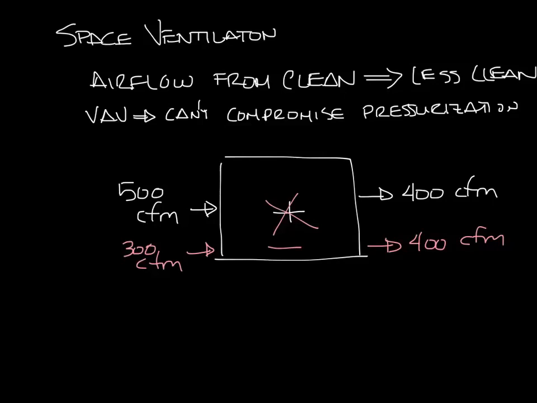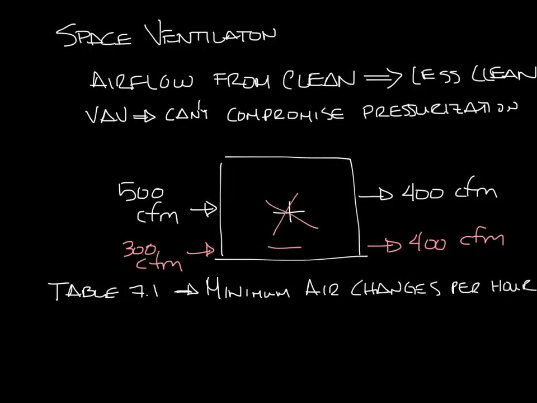Table 7.1 shows the minimum air changes per hour required for a given space based on the type of space it is. For instance, in an operating room, you need 4 outdoor air changes per hour and 20 air changes per hour.